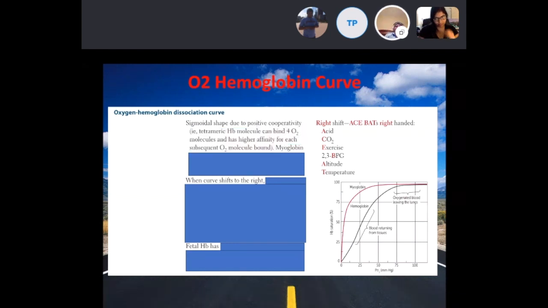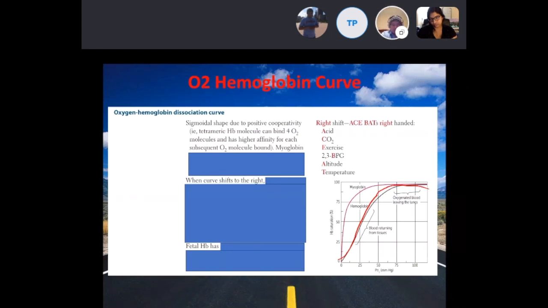Right. So it's called positive cooperativity. The tetrameric hemoglobin molecule can bind 4 O2 molecules, and the affinity increases with the addition of every O2 molecule. So there's a lower affinity here, so it's further to the left, and then as oxygen molecules are binding to it, there's an even greater affinity until it plateaus.